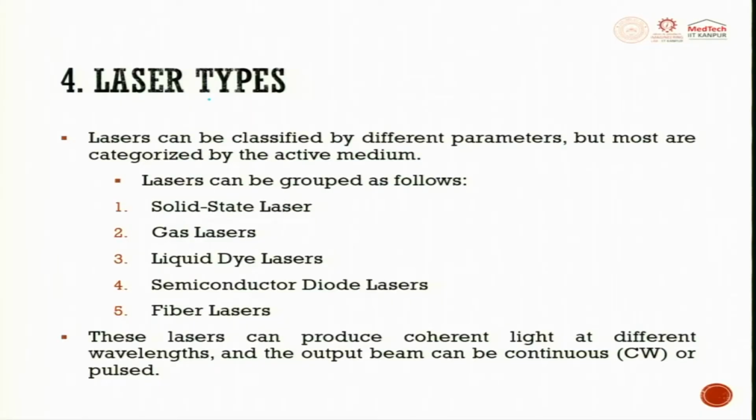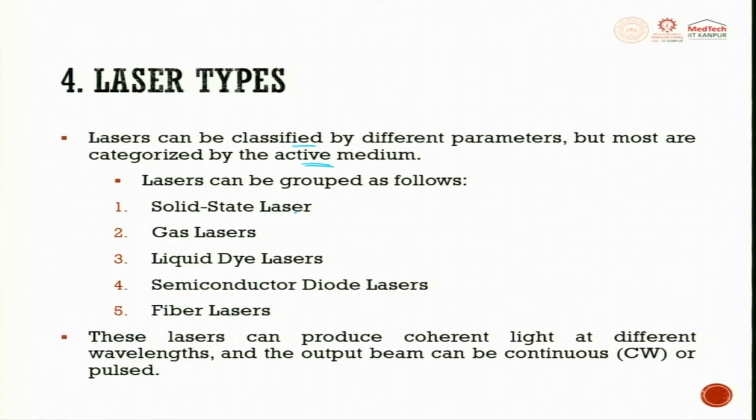Different types of laser. Lasers are classified by different parameters, but most are categorized by the active medium. The laser is grouped under solid state laser, gaseous laser, liquid dye laser, semiconductor laser and fiber laser. So the difference is in the gain medium.